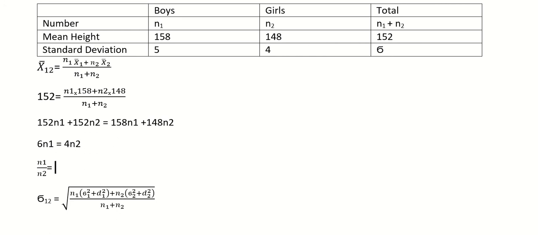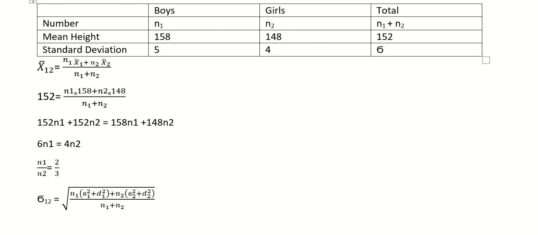So 4 by 6 will become 2 by 3. So I will directly write 2 by 3 here, so this will become 2 upon 3, right? So the ratio of n1 and n2 is 2 by 3.